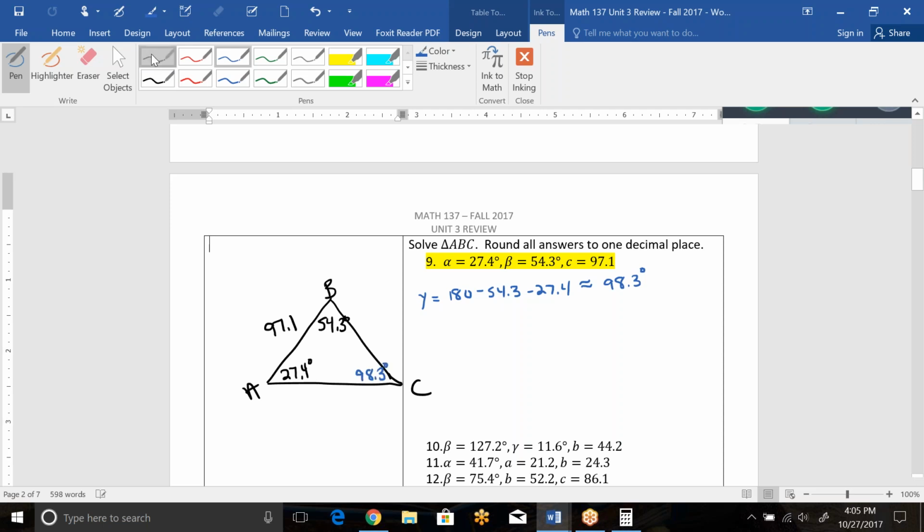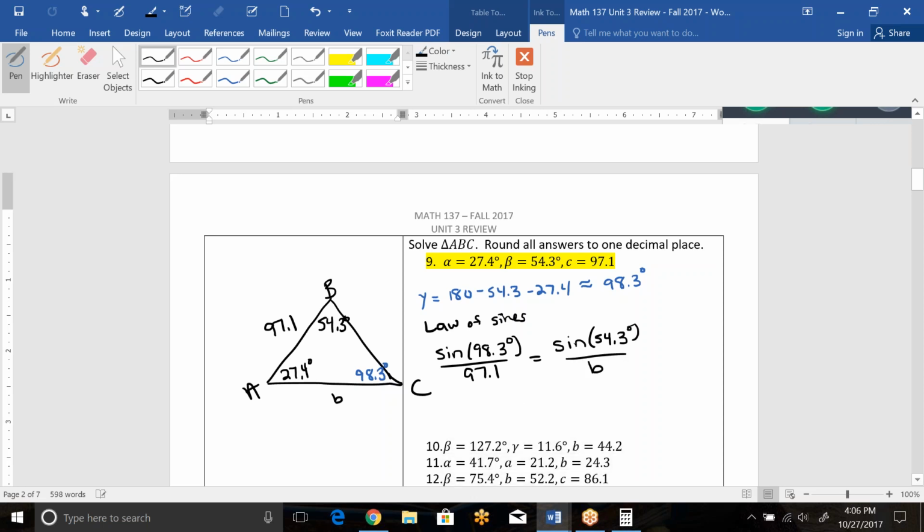Now that we have this, we can use the fact that we know the side across from 98.3 degrees. That means that we can incorporate the law of sines, because we know at least another angle or a side other than that. So then we're going to look at setting up sine of 98.3 degrees over 97.1 equals sine of, let's look for little b, 54.3 degrees over little b.